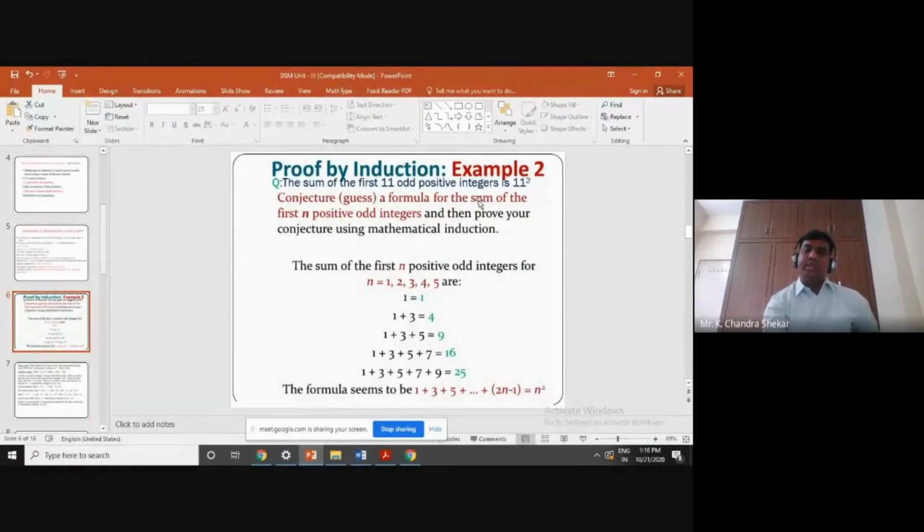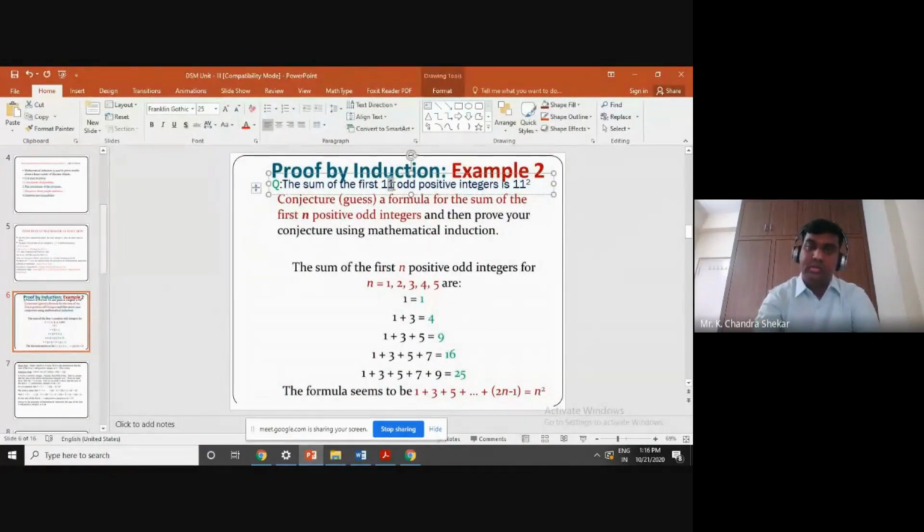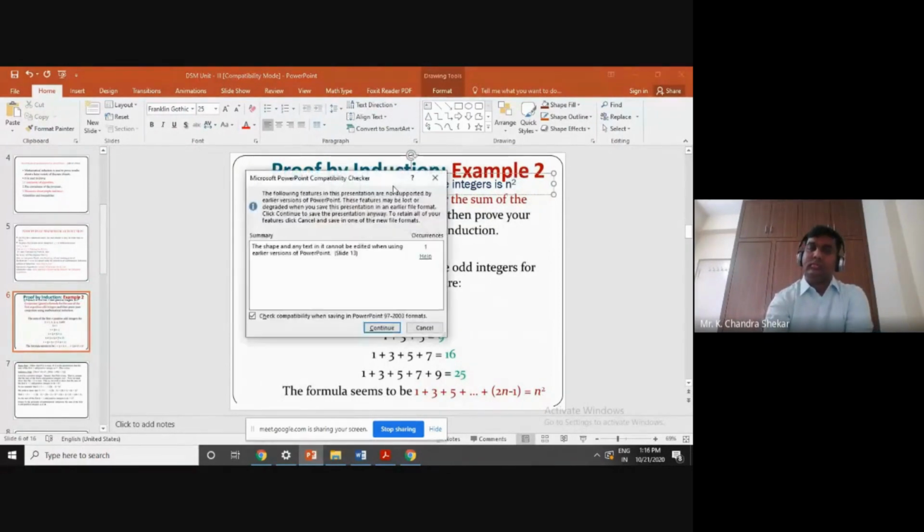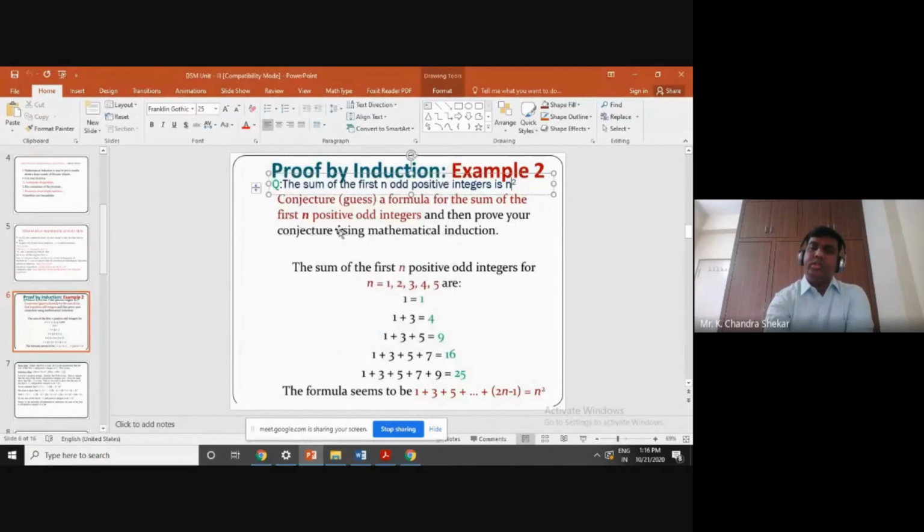So here the given statement is the sum of the first n odd positive integers is n square. Okay. Now, without using mathematical induction, we'll be checking for n value equal to 1.